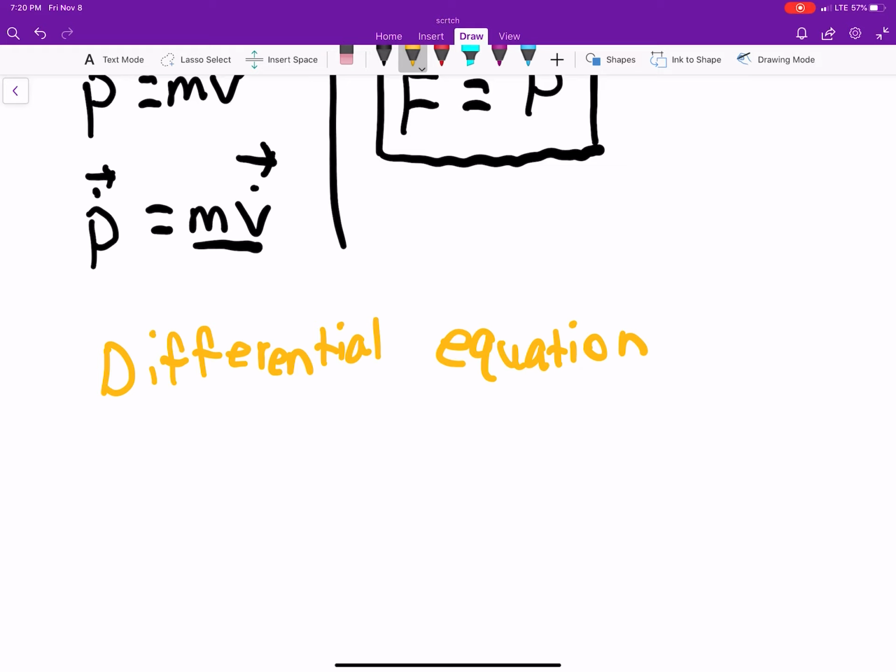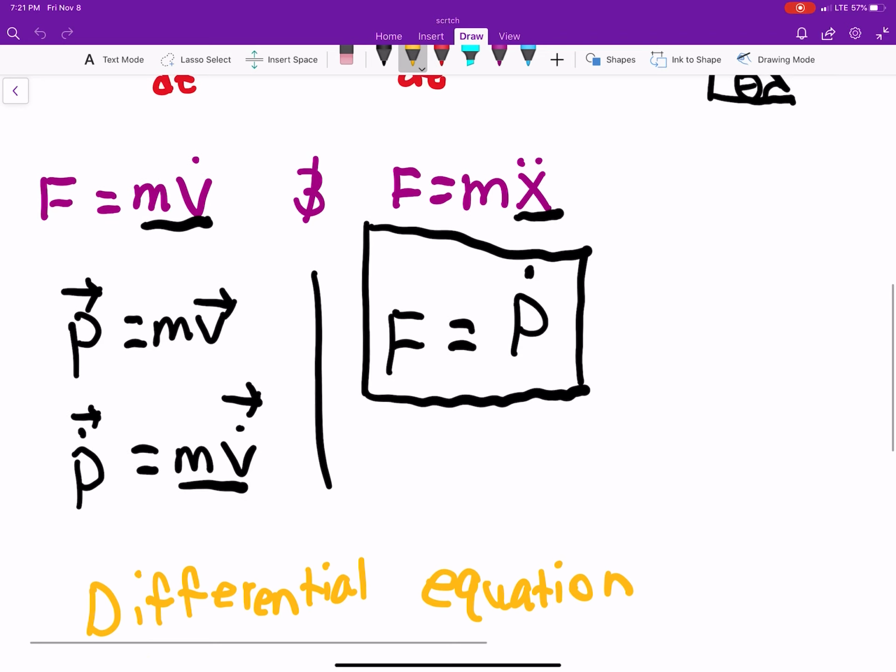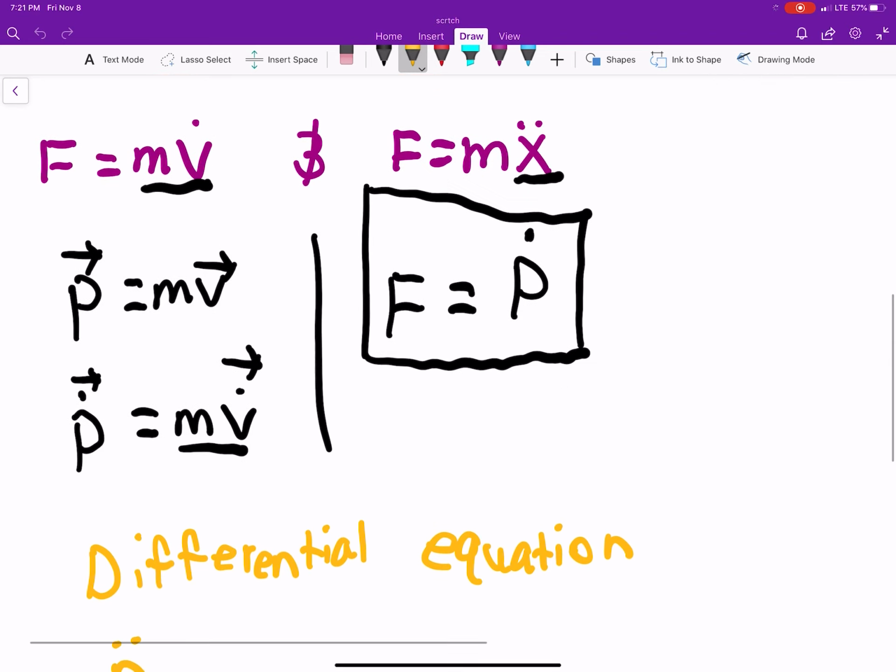So a differential equation is basically just an equation that includes an unknown function and its derivative. So for example, if we're using r as a position vector, in terms of Newton's second law, that includes a function and its derivative, because we can see that you can find force and position, for example.